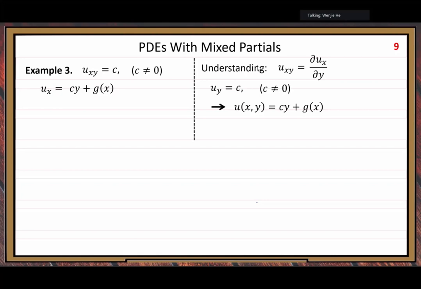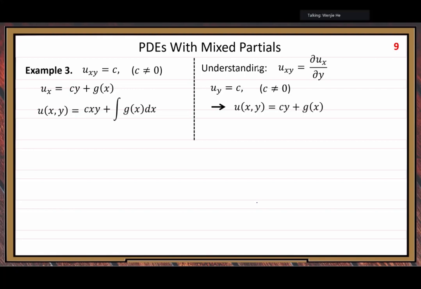So u of x, y, the original u function, is the antiderivative of this term with respect to x, that's cxy. Then this part is the antiderivative, the integral of the g function.